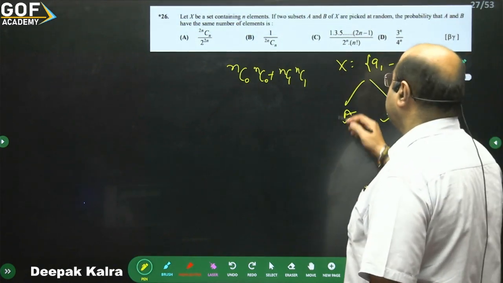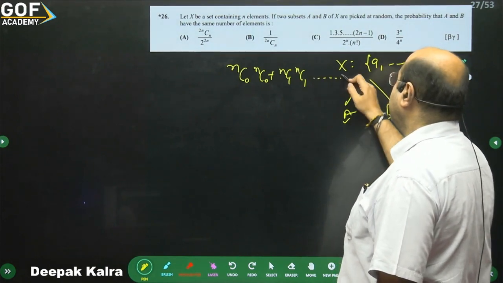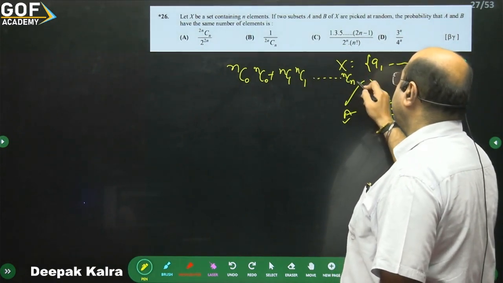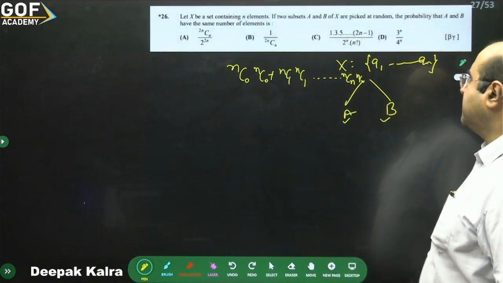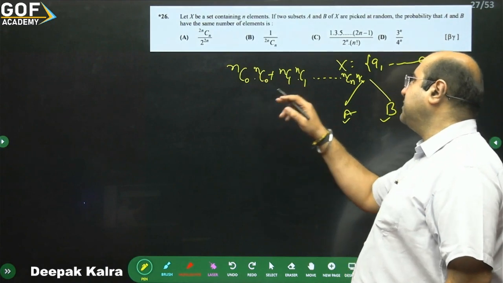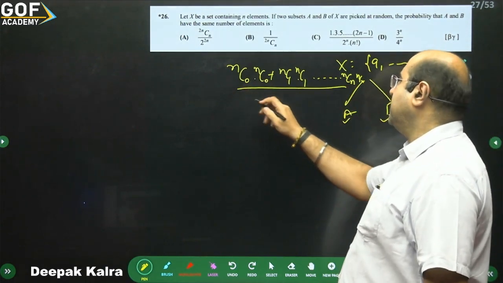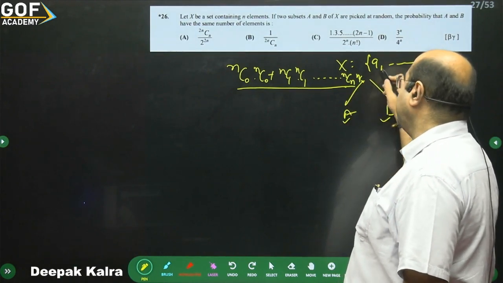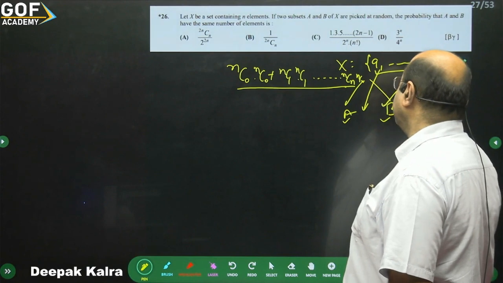Okay. Successively NC0 times NC0, NC1 times NC1, up to NCn times NCn. This is number of elements in each. Total possibility.